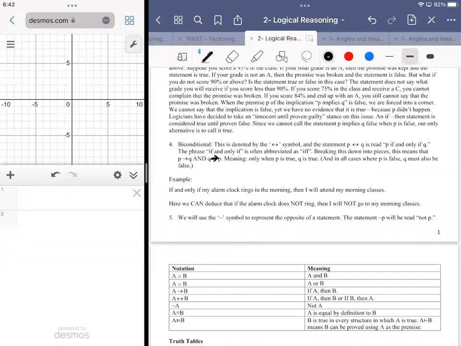So then you have that tilde symbol. That means not. That's probably the simplest part of this. If you see a tilde, it means not, or it means the opposite of whatever the statement is represented by the letter.